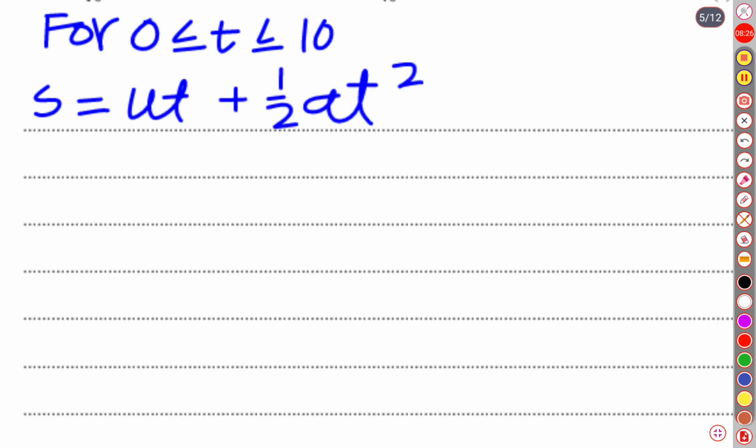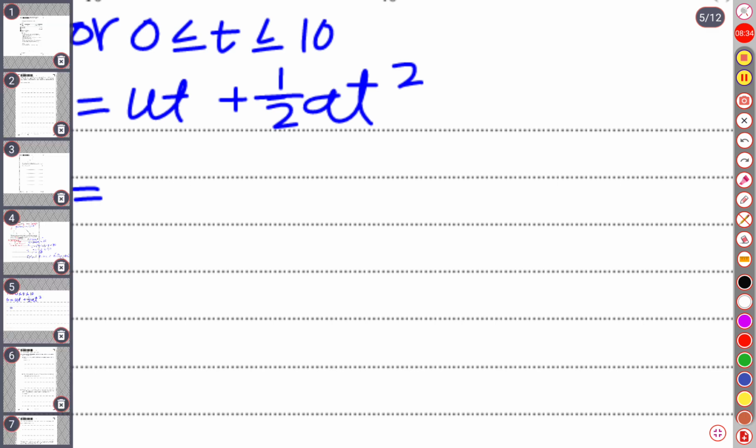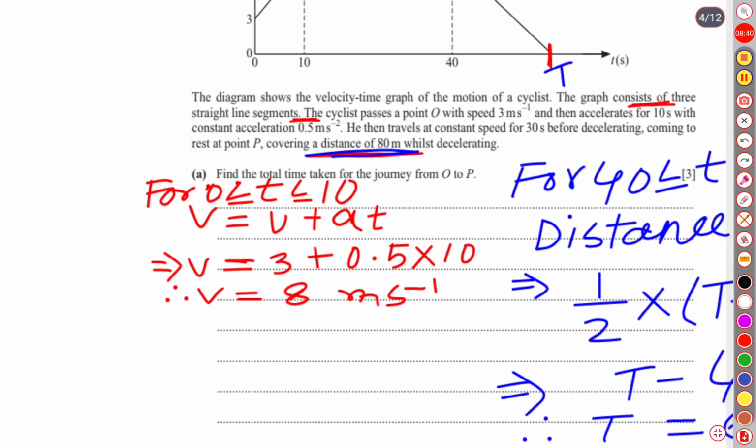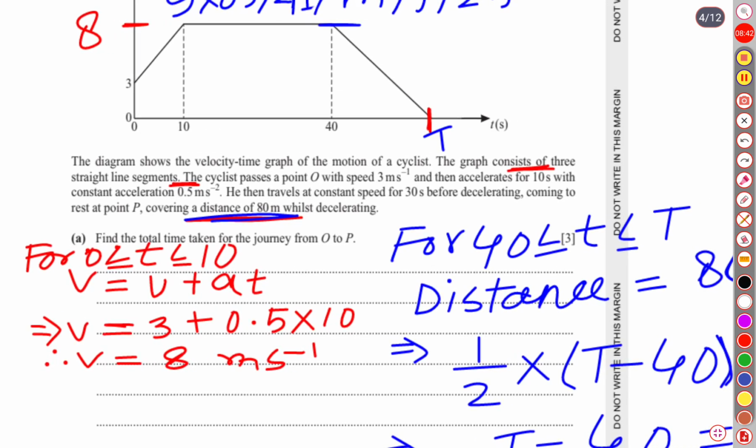Then the initial velocity, let's look at the question again. Initial velocity for the first 10 seconds was 3 and acceleration was 0.5, time was 10 seconds.